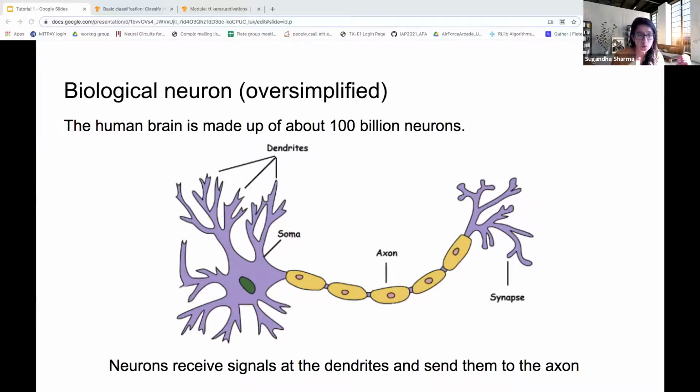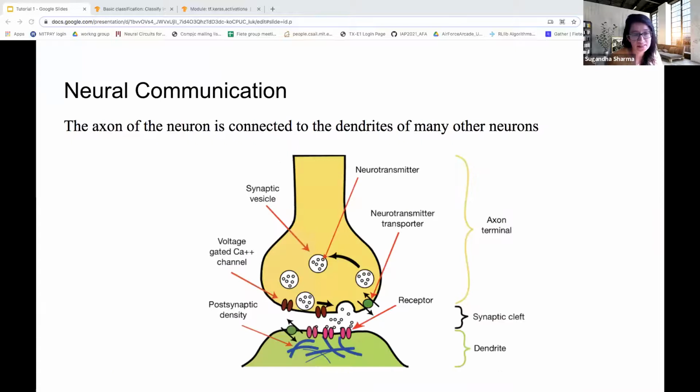Now once you have this spike, these signals can be transmitted to other neurons using synapses at these axon terminals. This is a schematic picture of what a synapse might look like. Once a spike comes in to the axon terminal, it triggers the release of certain neurotransmitters. These are schematically shown as bags of neurotransmitters.